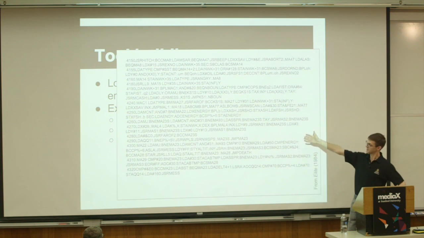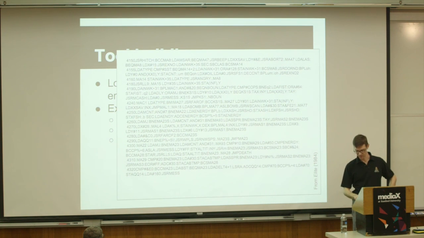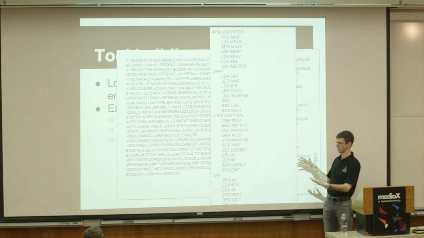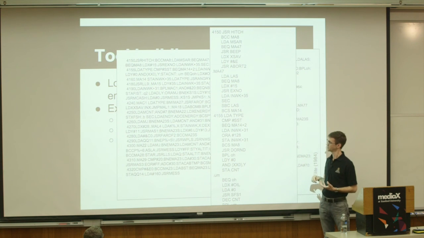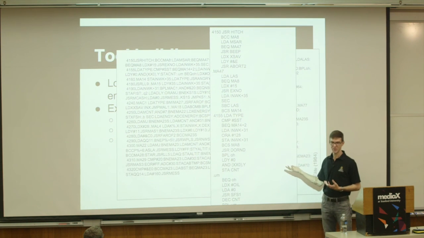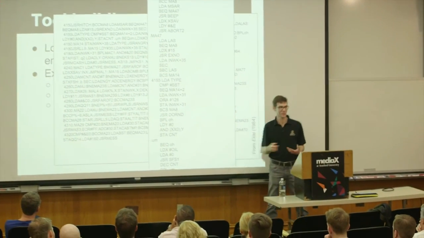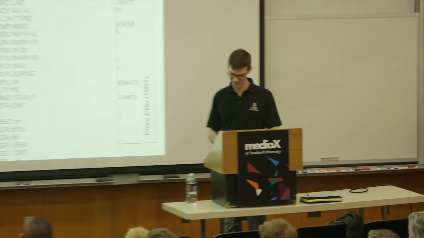There's no way that I could actually go through and try and make any sense of this. And so what I did is I wrote a tool called a Pretty Printer, which basically broke this all apart and reformatted it for me. And if you don't speak assembly code, you're just going to have to take my word for it that this is, in fact, much more readable and understandable.